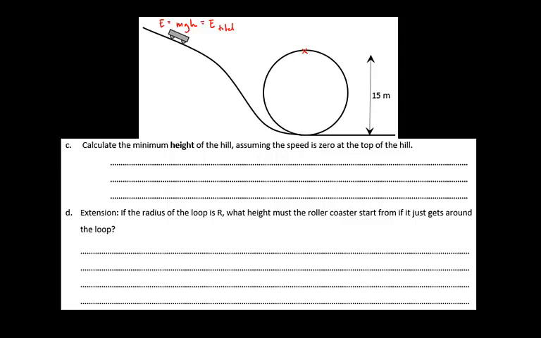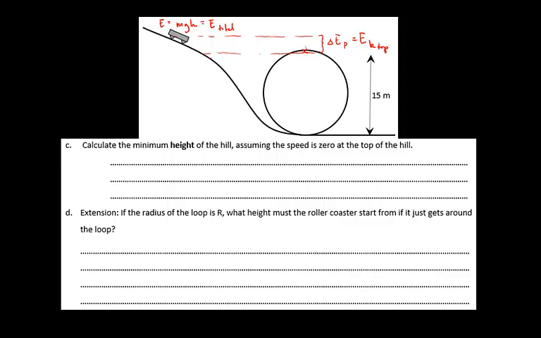Okay, so the easiest way to solve this is just to work out how much higher it has to be than this point. Than this point, so that loss here, that's delta EP, that must be equal to EK at the top.